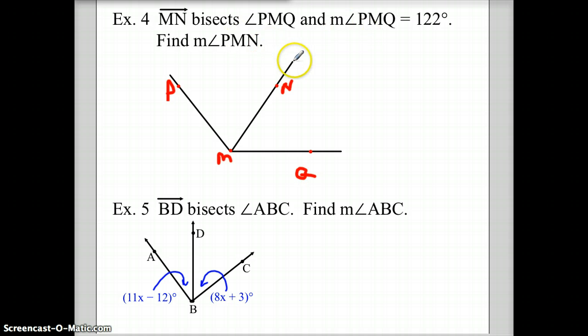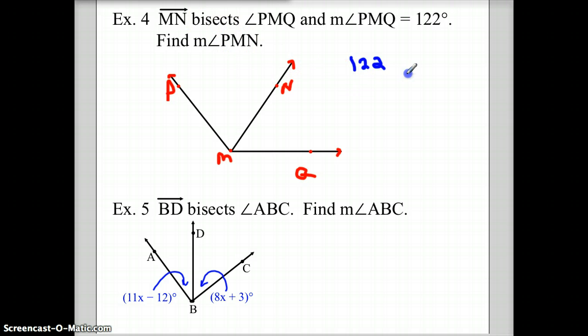Now, of course, when you're drawing these, make sure that these are, in fact, rays and that you extend out forever and ever from these places or from your vertex of M. So let's see. PMQ is 122 degrees. And MN bisects it.